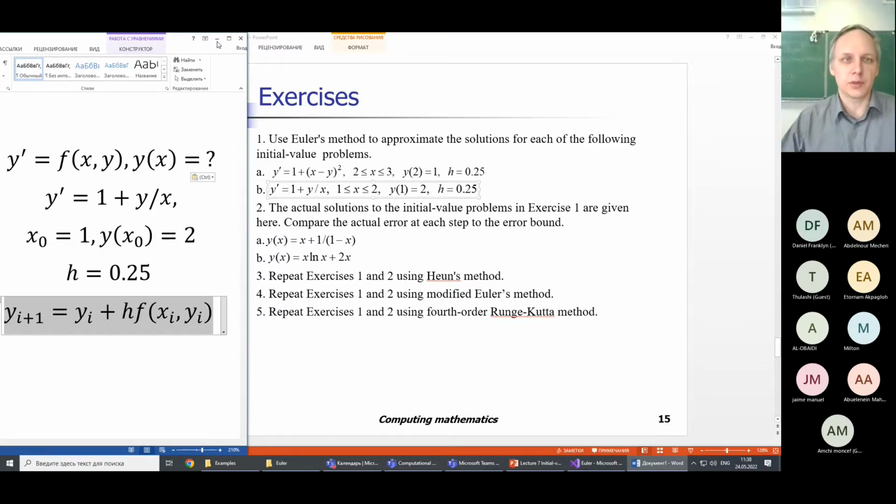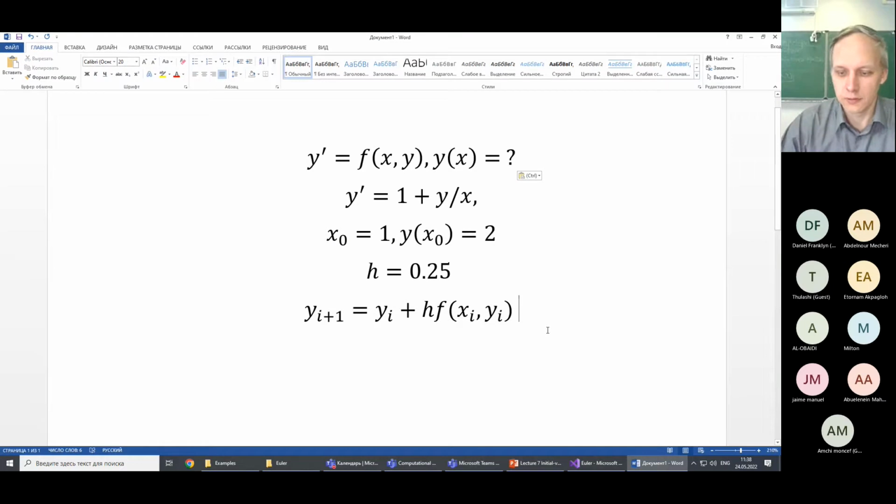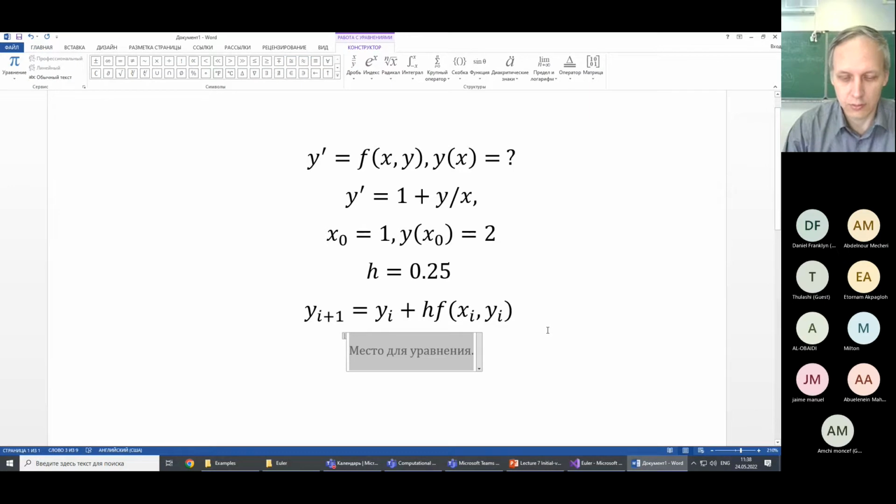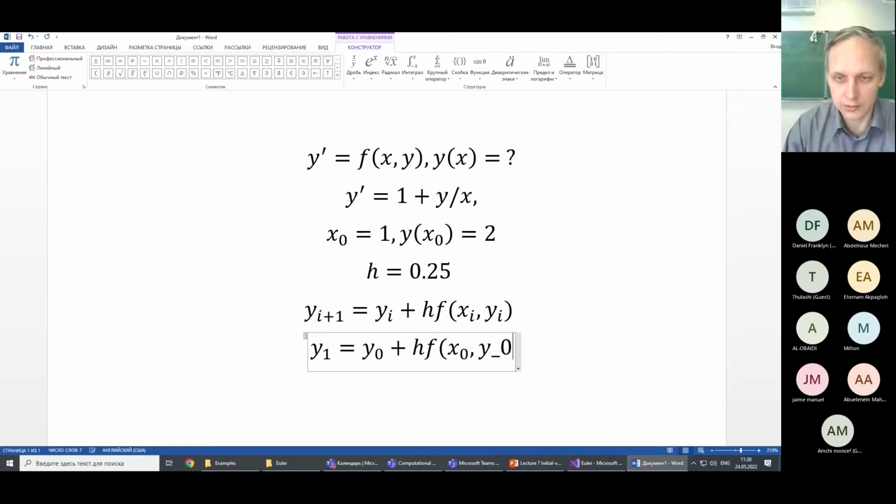Let me repeat the same computation in Word. I think it will be better for those students who connect to our meeting online. y1 equals y0 plus h times f of x0, y0.